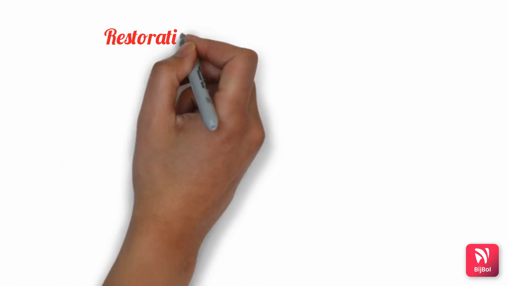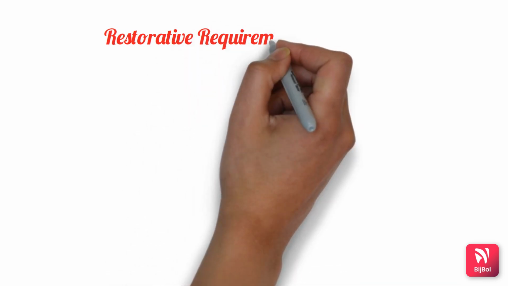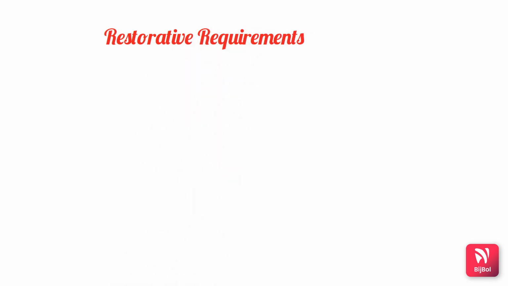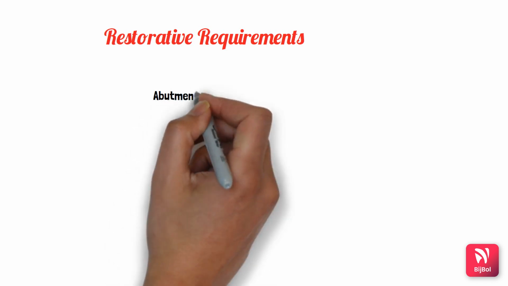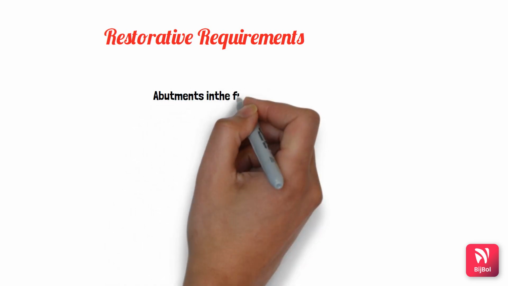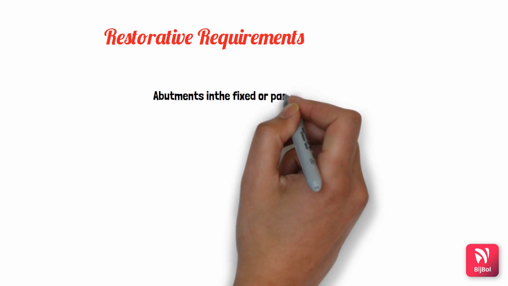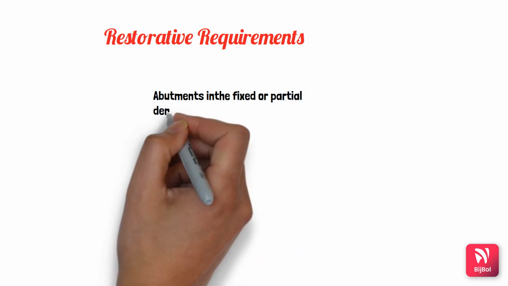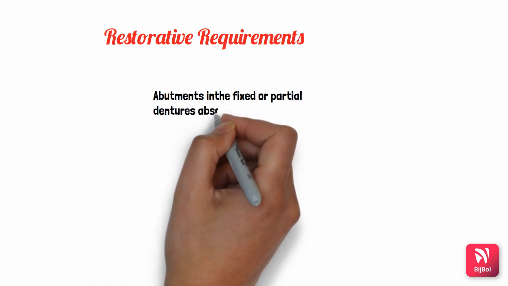So now we'll see the restorative requirements. The teeth included as an abutment in fixed or partial dentures undergo more forces, and thus they need additional retention and protection against fracture and caries due to leakage.